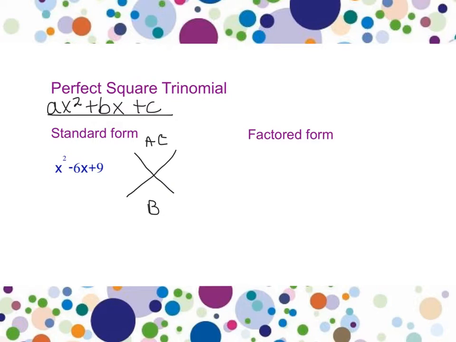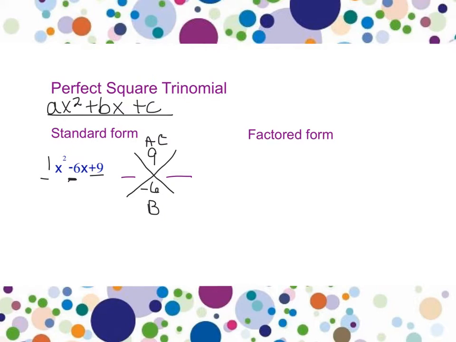So in this case, a is the number 1. So a times c is just 1 times 9, which is 9. B is the middle term, and really the coefficient of the middle term. Since it's negative, this is negative 6. So then what we're going to look for is two numbers that multiply to 9 and also add to negative 6.